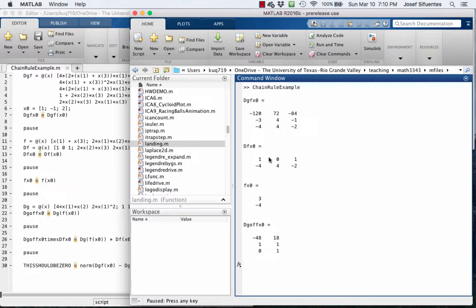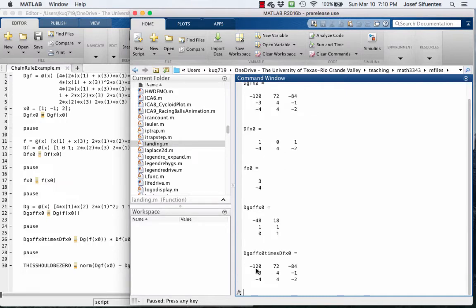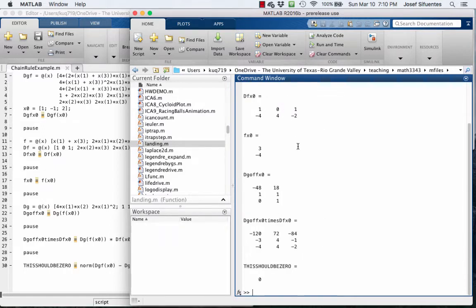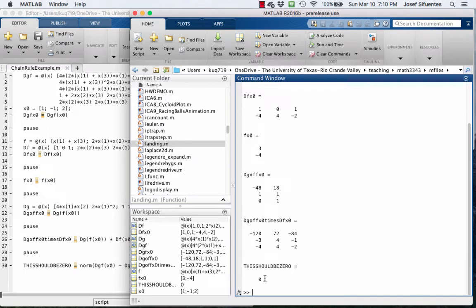And then I took the product of this matrix multiplied on the right by this matrix, and I got this, which we can confirm is this. But just to make sure, I subtracted this term that says this should be 0. Well, this should be 0, and in fact it is. If it weren't, that would mean the chain rule is not true. Well, it would mean I actually made an error in my code somewhere, because the chain rule is true.